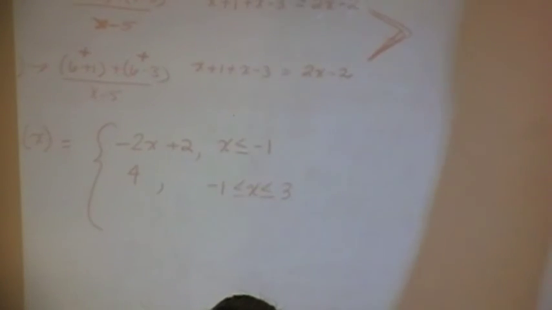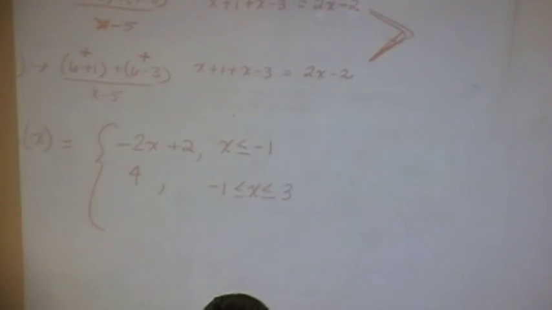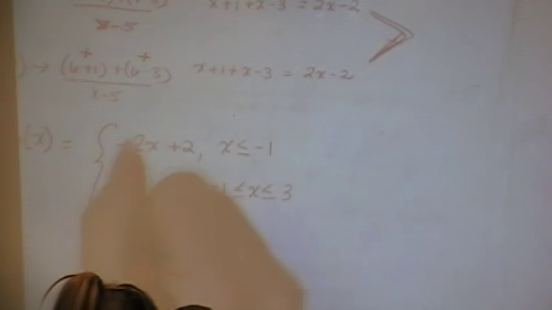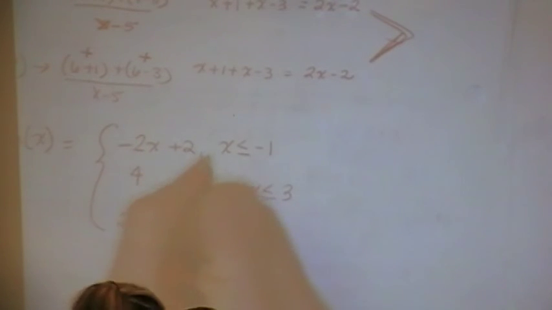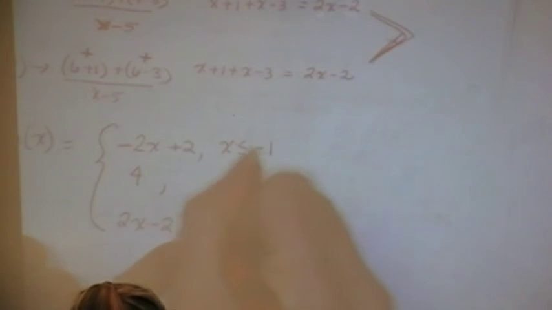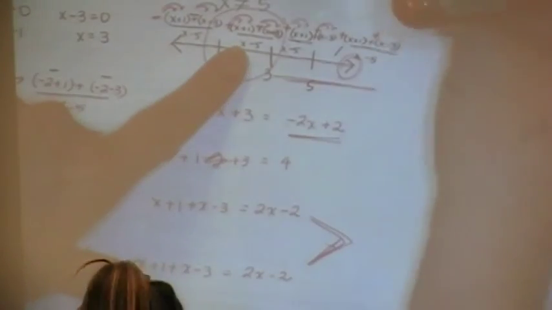I just have to consider that x can't be 5. So I'm going to write 2x minus 2, and then this is where x is greater than, from right here over, and the arrowhead's pointing to the right.